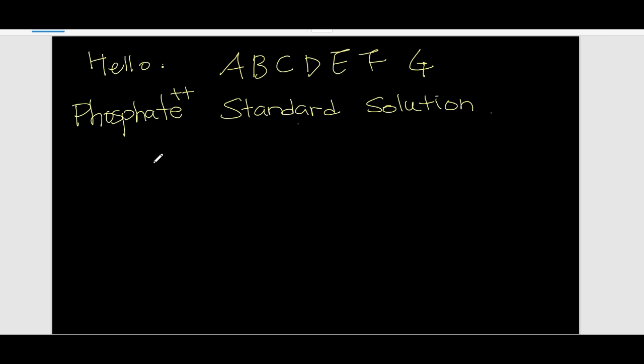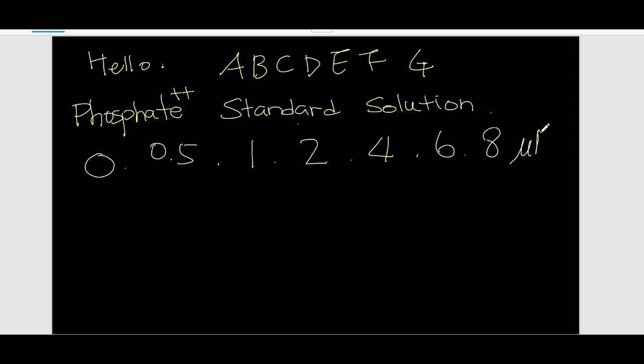It's because they have different concentrations of phosphate, and it's written in your procedure: 0, 0.5, 1, 2, 4, 6, 8 micromolar of phosphate is inside these solutions.